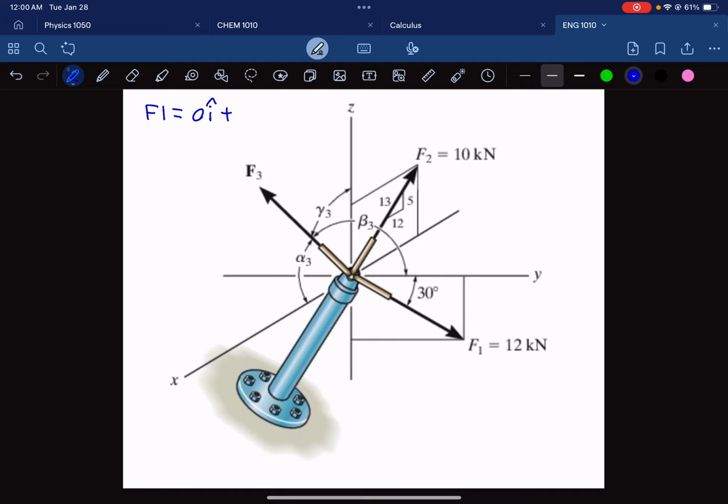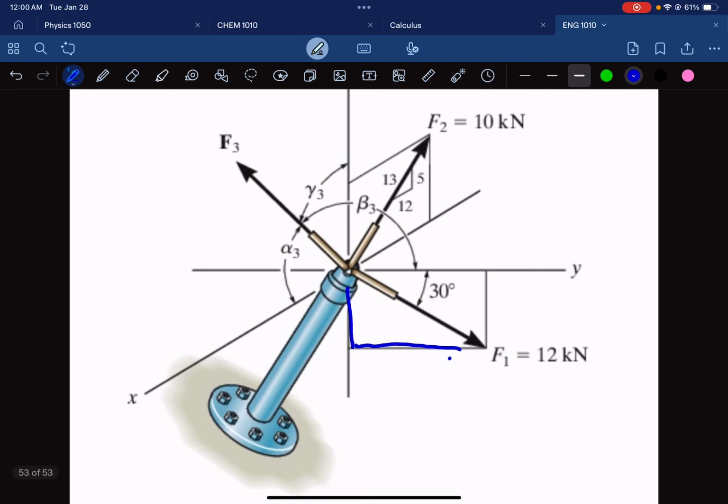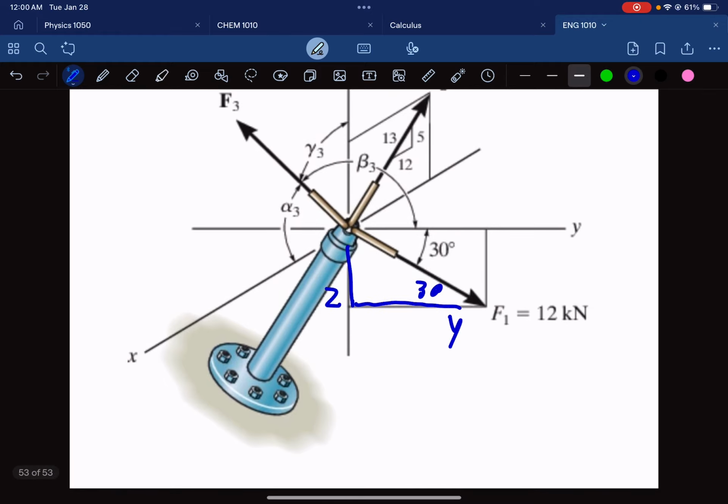And our y is simply, as we know, this is z, and this is y. So y, z, and then you have 30. And this is also 30, so opposite is z.